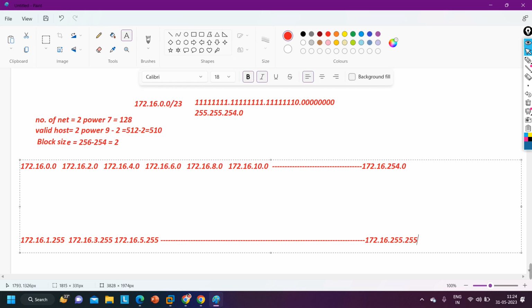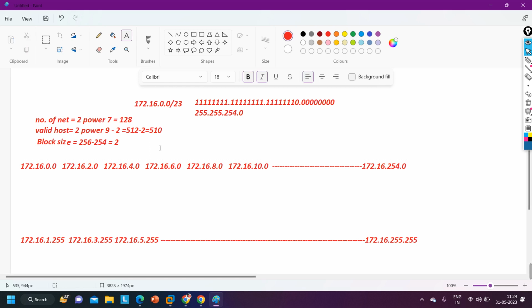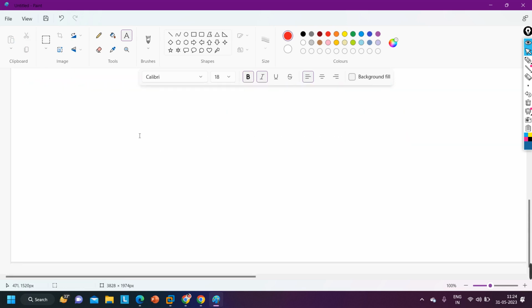Okay. And the first valid IP address, you can calculate these things now. Yes or no? Yes. Now I am moving to the third example. 172.16.0.0/29, let's say.